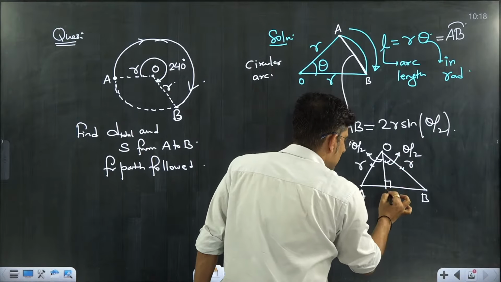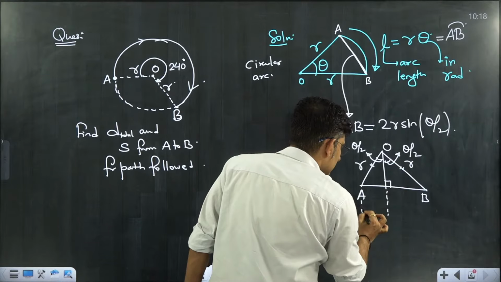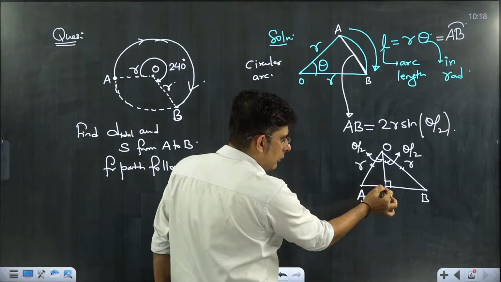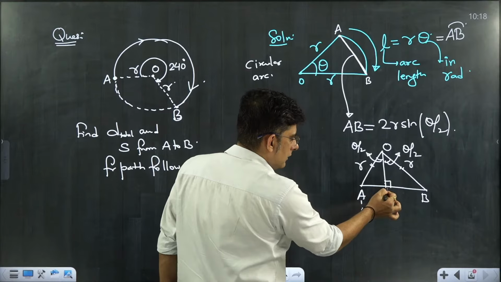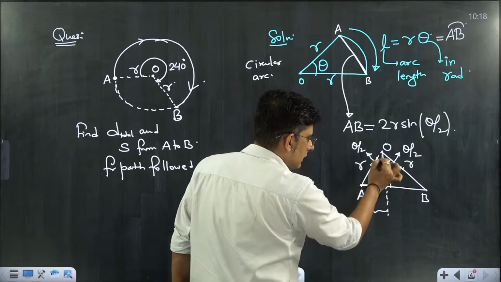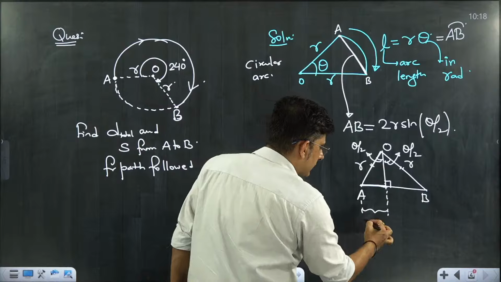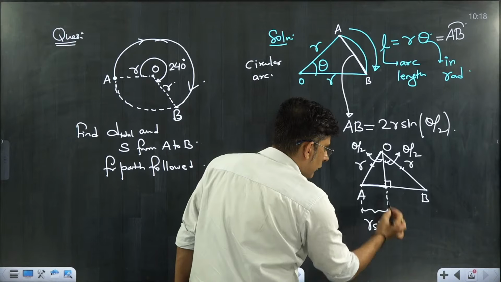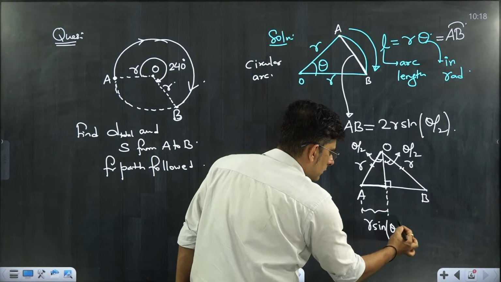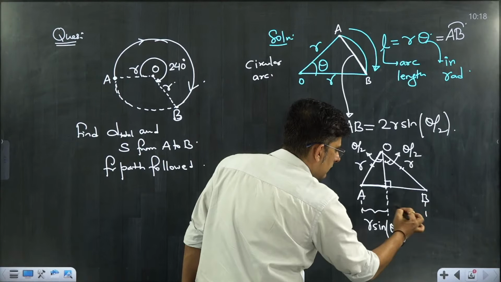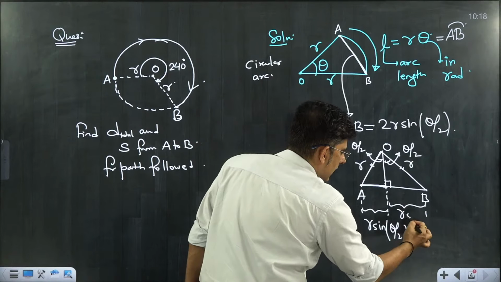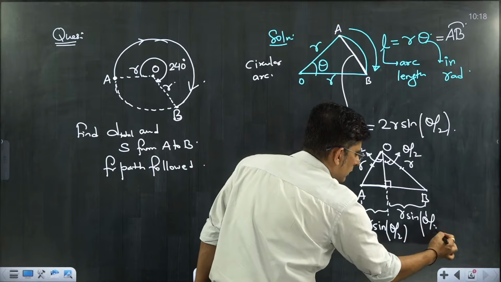So when you apply trigonometry, this part is perpendicular, this is hypotenuse. So perpendicular by hypotenuse is sine theta. So this becomes r sine theta by 2.